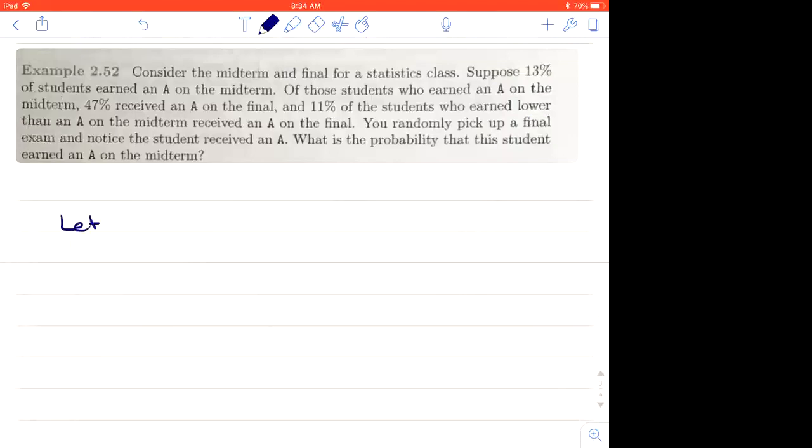So first we talk about getting an A on the midterm, and then we talk about the final. Because we're talking about A's in both instances, it's not going to be very handy to talk about A and not A, and then A again and not A. That doesn't make sense. So we're going to say let M be getting an A on the midterm, and F, kind of counterintuitively, getting an A on the final.